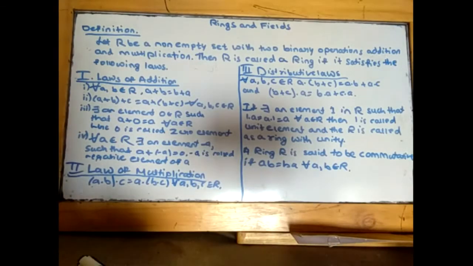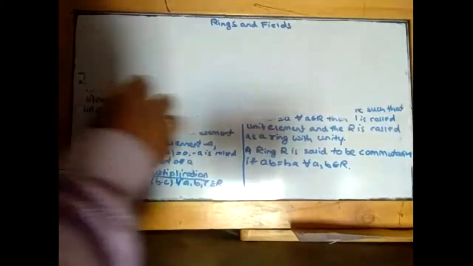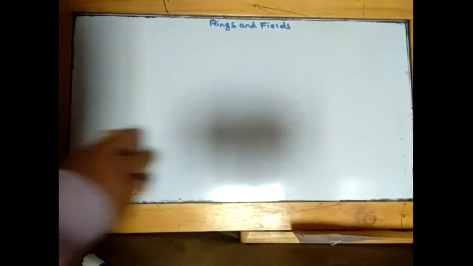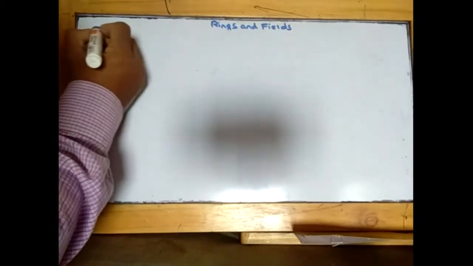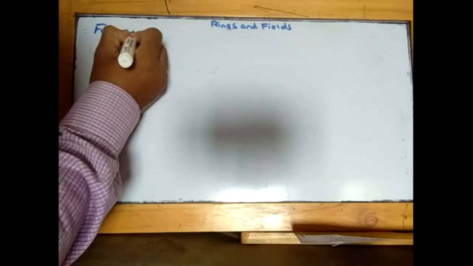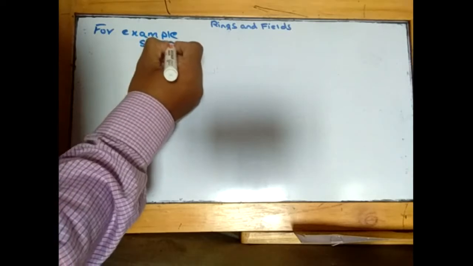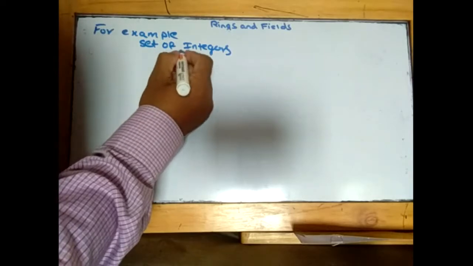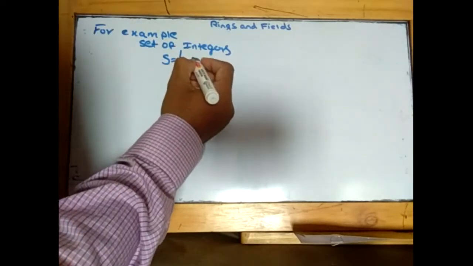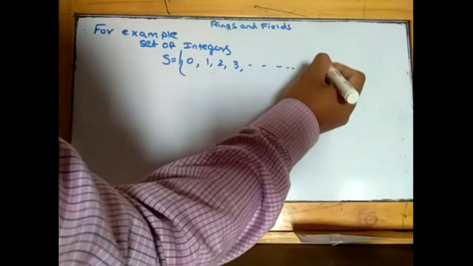Now we take certain examples on this. For example, the set of integers: 0, 1, 2, 3 and so on.